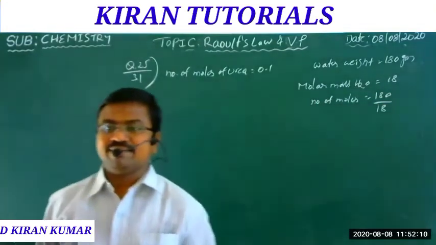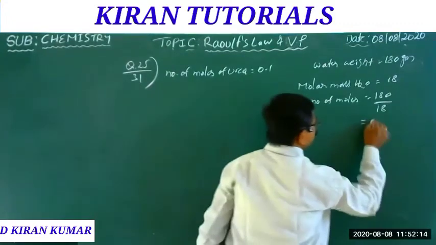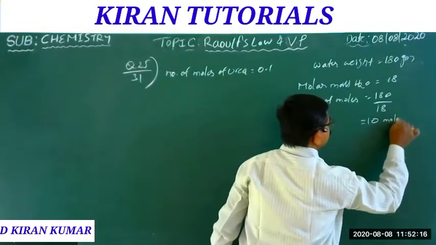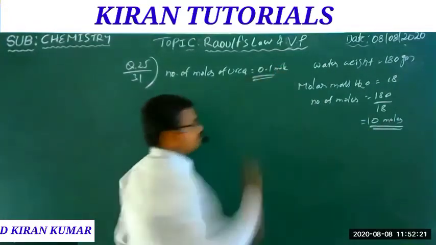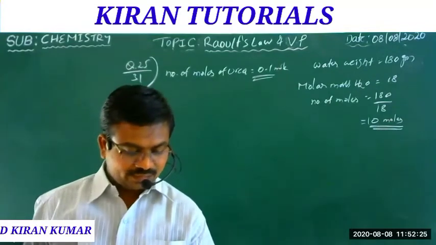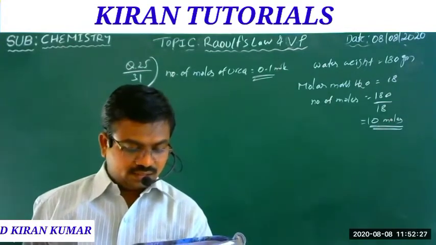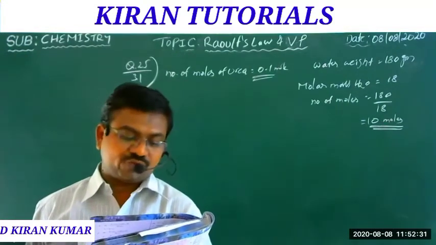That is equal to 10 moles. Then we have to calculate the vapor pressure of water at 25 degrees Celsius, 24 mm of Hg.